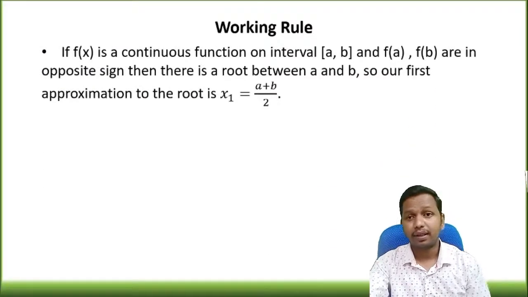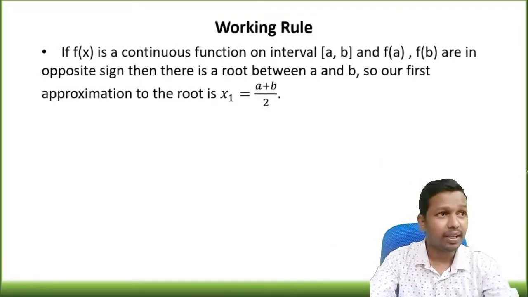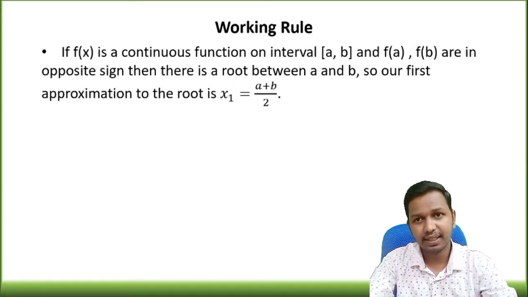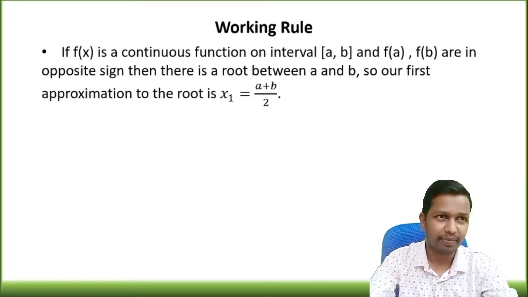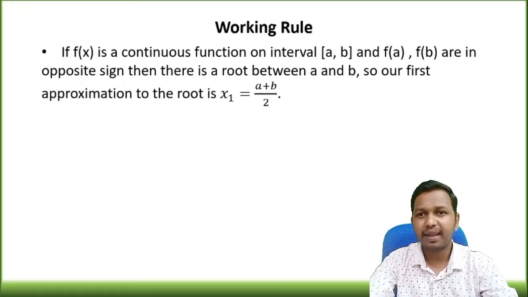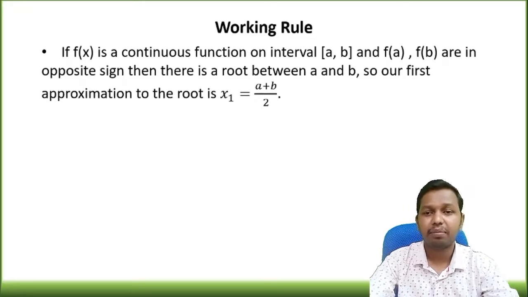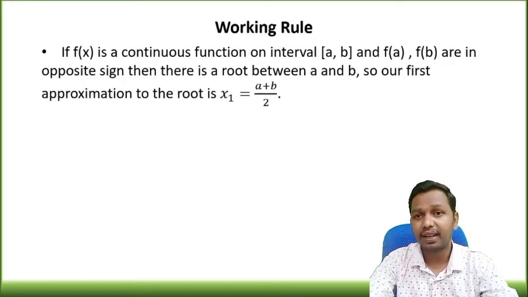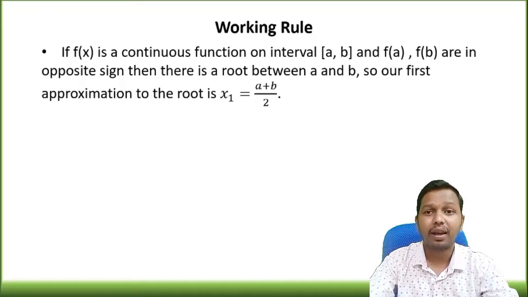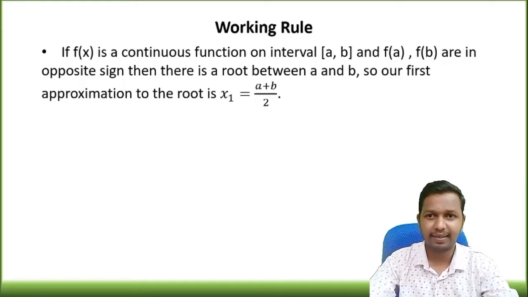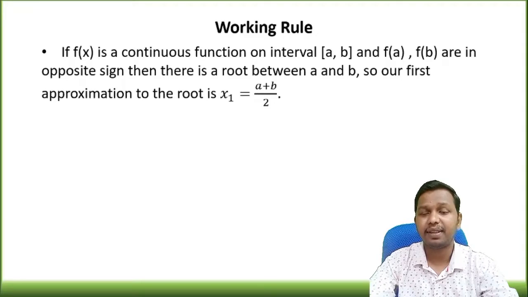Given a function that must be continuous in a given interval a comma b, f of a and f of b must be of opposite sign. Then our first approximation x1 is equal to a plus b divided by 2.